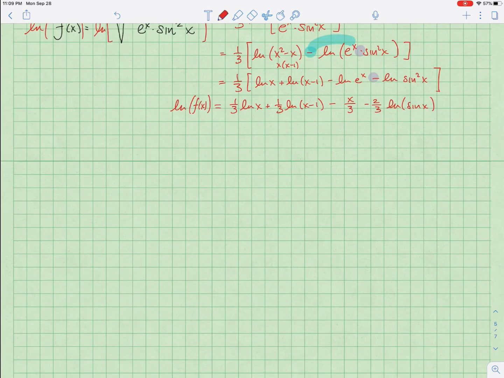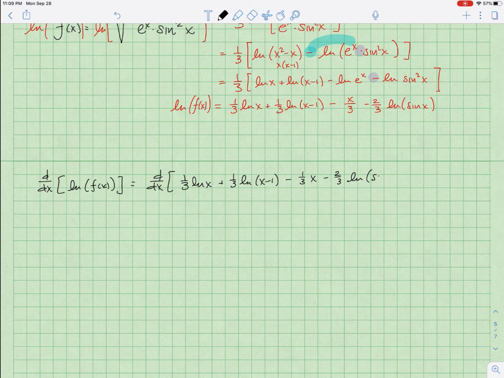So, now what we're going to do is take the derivative of both sides. So, the derivative of the natural log of f of x is equal to the derivative of 1/3 the natural log of x plus 1/3 the natural log of x minus 1 minus 1/3 x minus 2/3 the natural log of the sine of x.